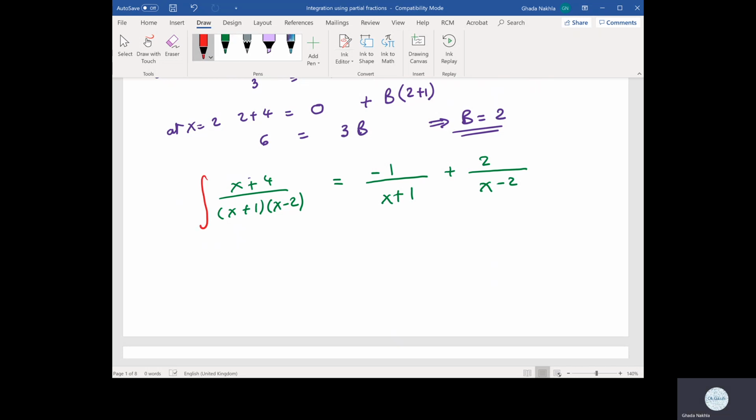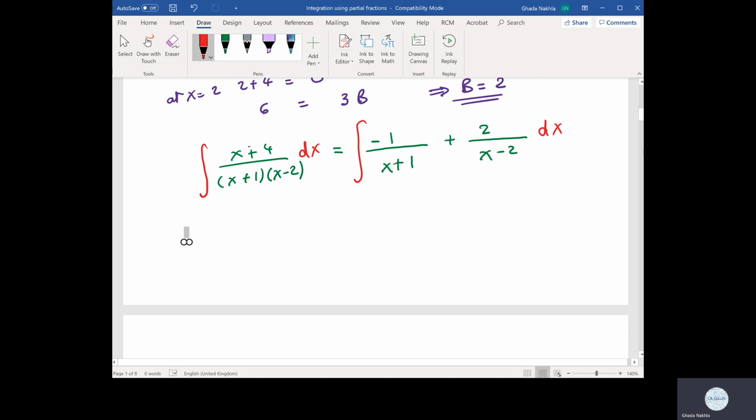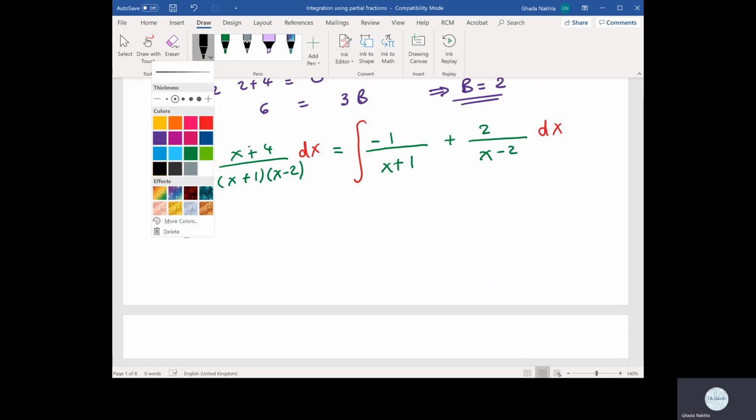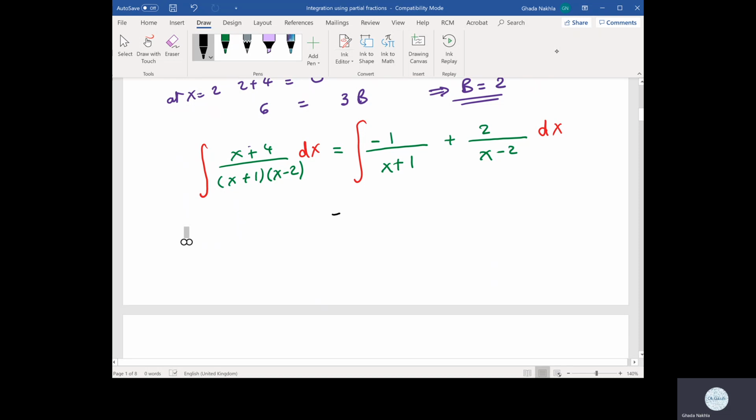Now I can integrate this side with respect to x and integrate this side with respect to x. If I integrate the right-hand side, it means I have integrated the left-hand side. So let's go from here.